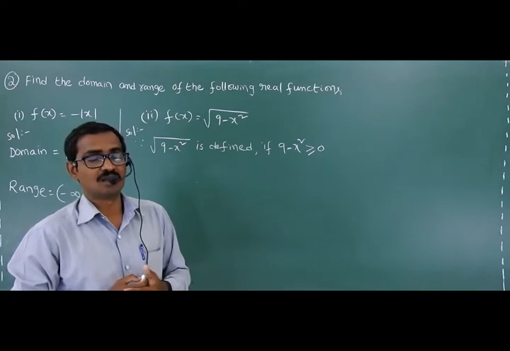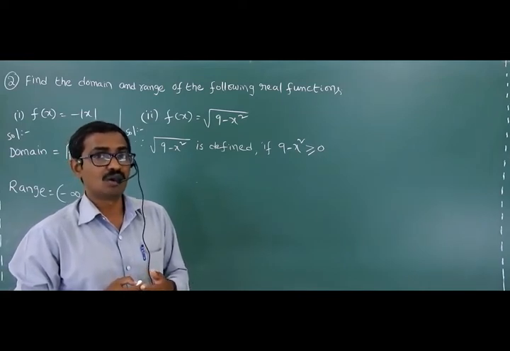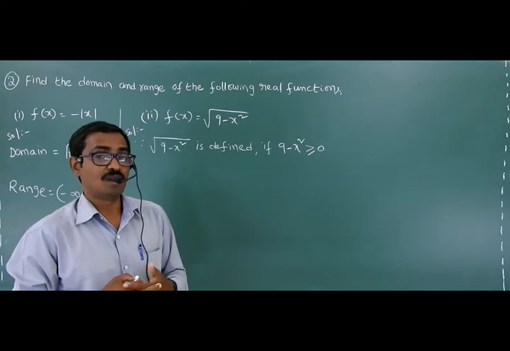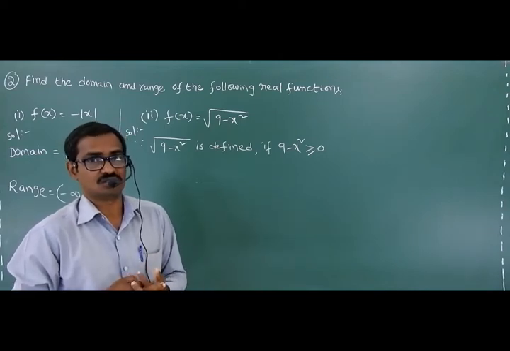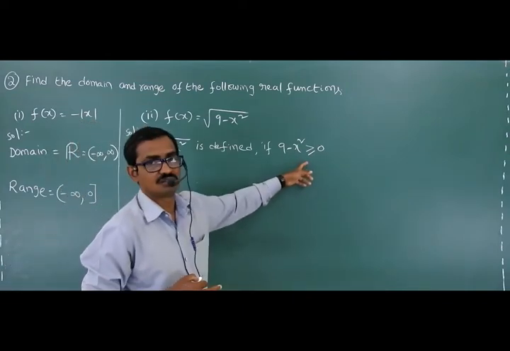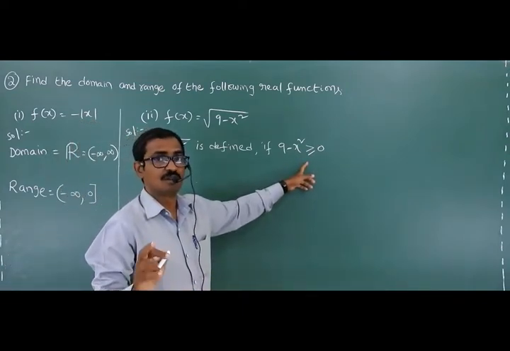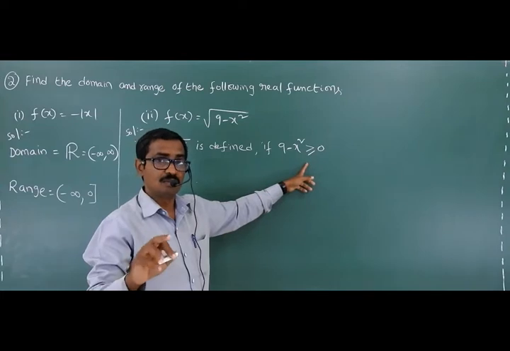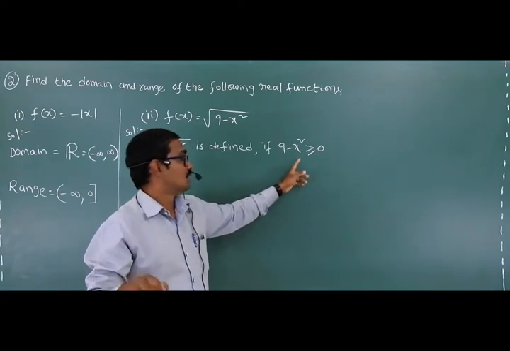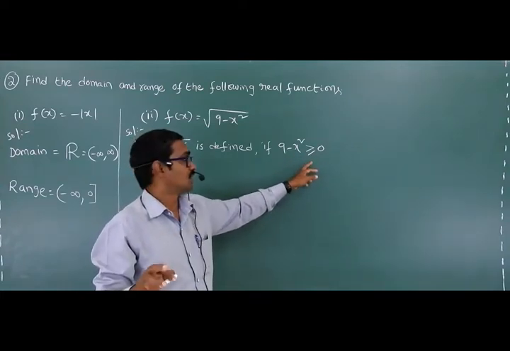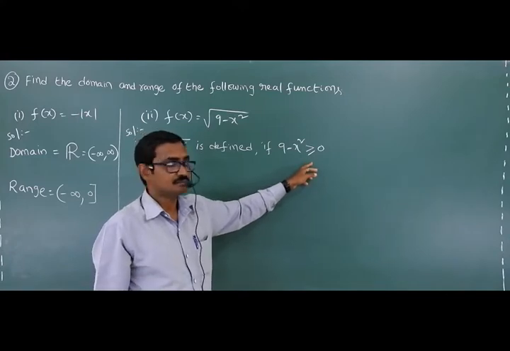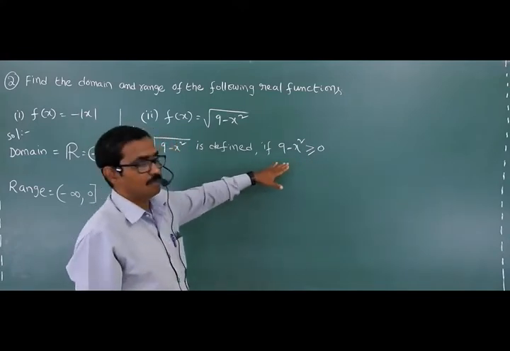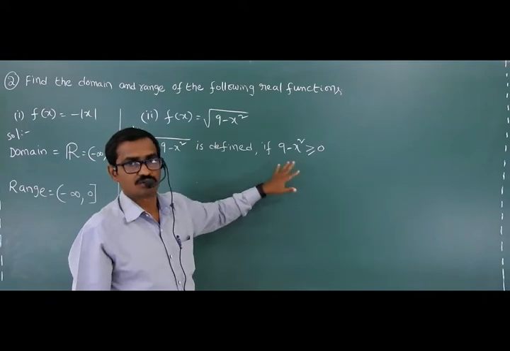If you multiply with a positive real number, the symbol will not change. If you multiply with a negative real number, the symbol will be changed. Now I am multiplying with minus 1 on both sides.